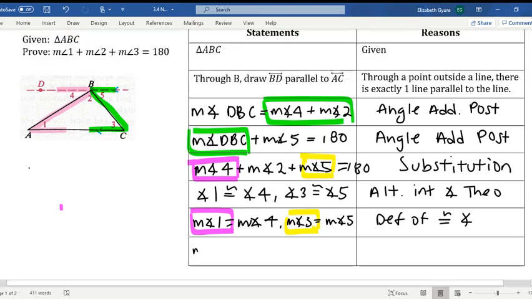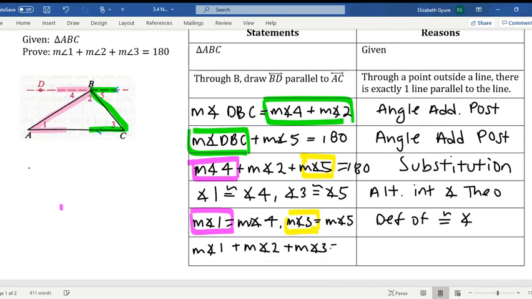So the measure of angle 1 plus the measure of angle 2 plus the measure of angle 3 equals 180. Okay. I figured we needed a little proof practice. Questions on that? Reagan?